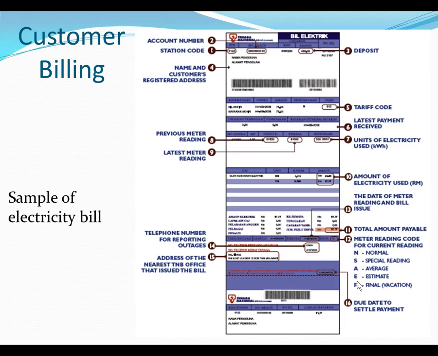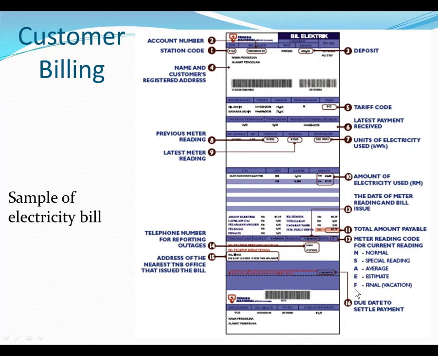During this time, the TMB staff cannot go to your house to read the meter reading, so they just estimate the bill of your house. But for this estimation, they have their own specific calculation so that they will not overcharge the customers. And sometimes they have final readings or vacation. Okay? These are 5 types of meter reading.